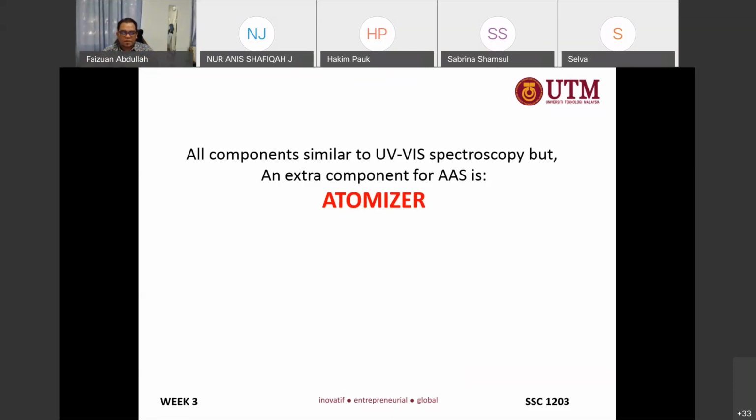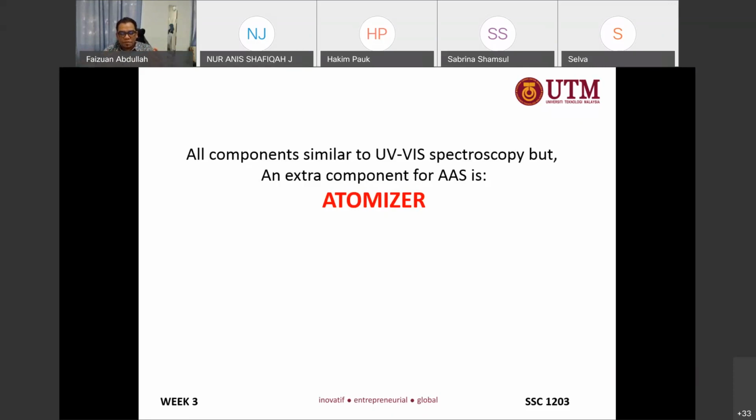There the electron of the atom will be excited from the ground state to the excited state. So in AAS, we provide the energy. What kind of energy? We burn the sample using flame and so on, to make sure that our sample becomes atoms.